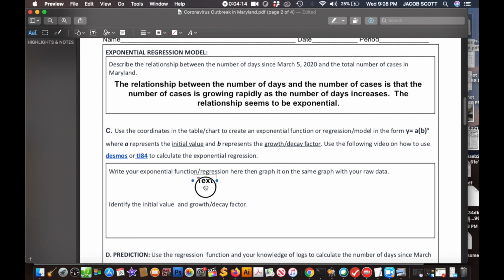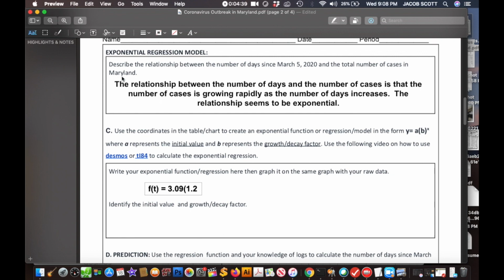All right. Our equation is f of x, f of t. I'm going to go with f of t since we are. So f of t equals 3.09 times 1.25.